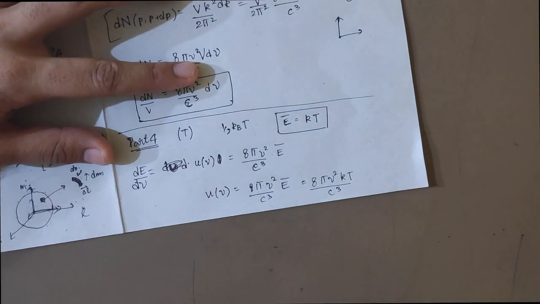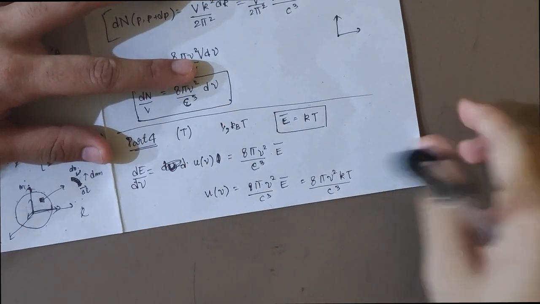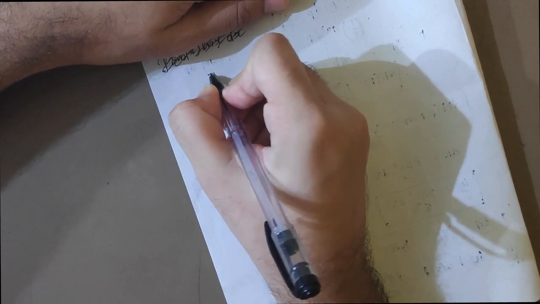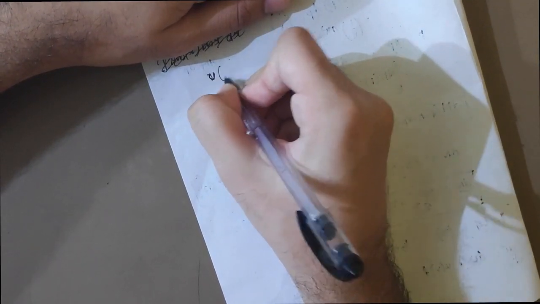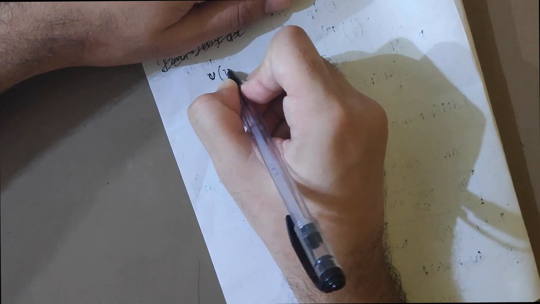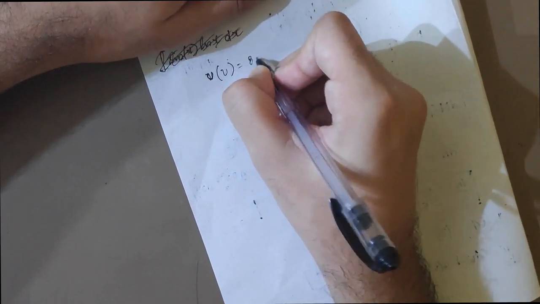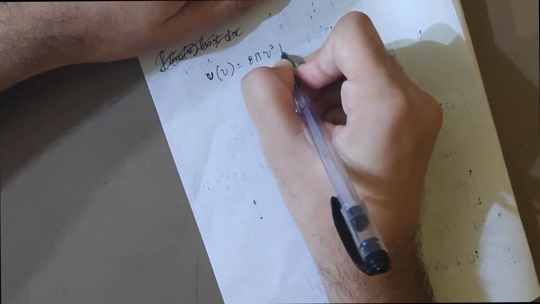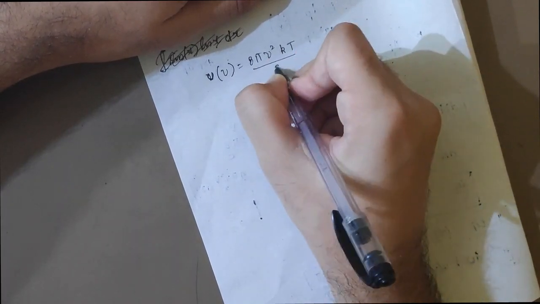Now this is the result we think is not nice. That is, we don't want this result. And what does that mean? That means u of mu, which is the energy density per unit frequency, is equal to 8 pi mu squared kT by c cubed.